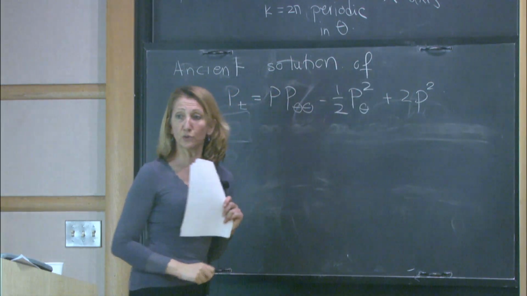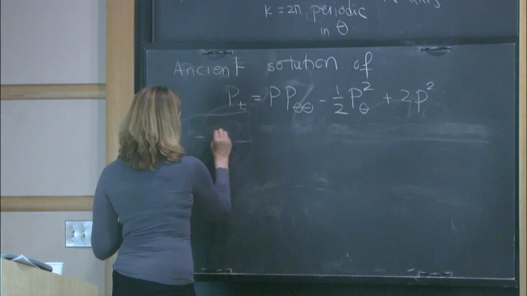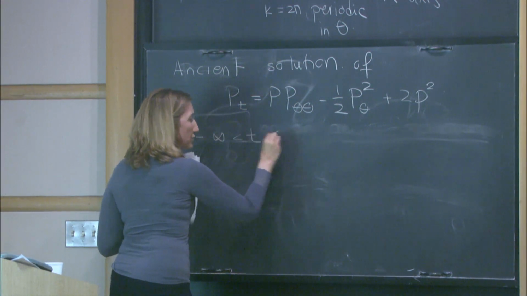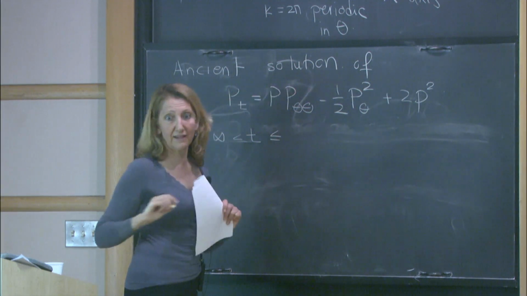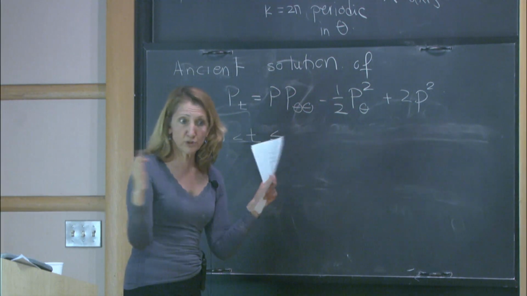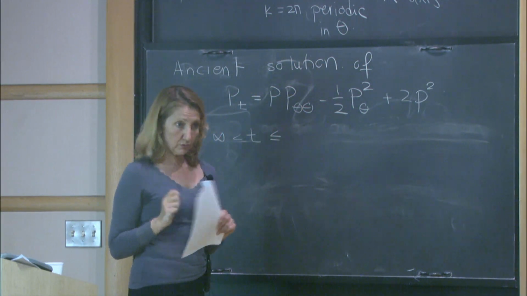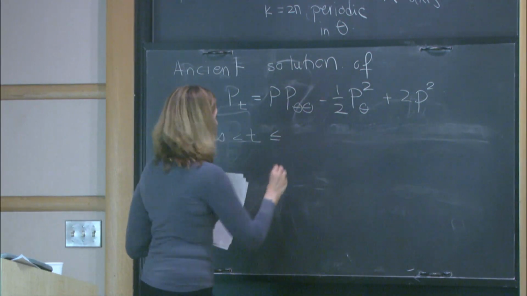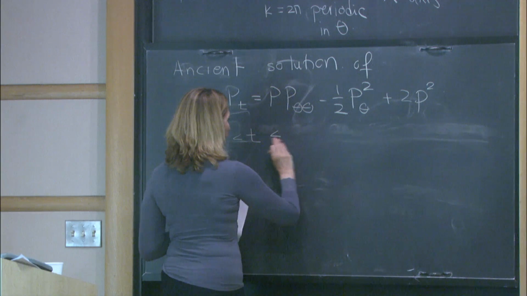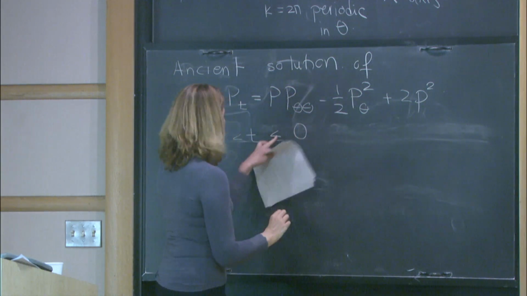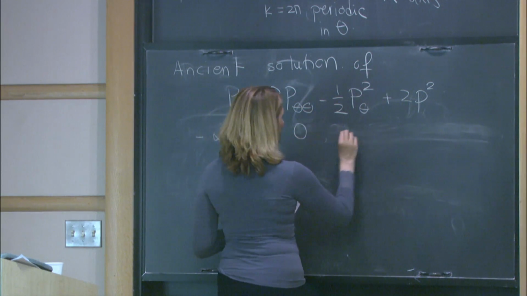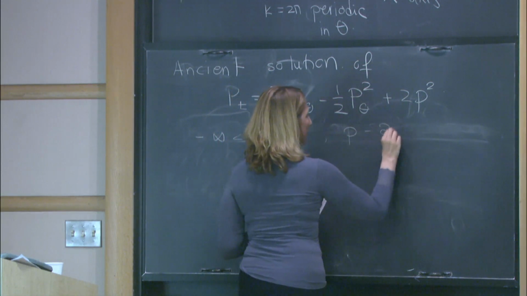Ancient, of course, means that t runs from minus infinity up to a time, and let's assume that this capital T, where the solution shrinks to the point, I take to be 0, so that I don't have to write it. So it's less than 0. And P is 2 pi periodic.